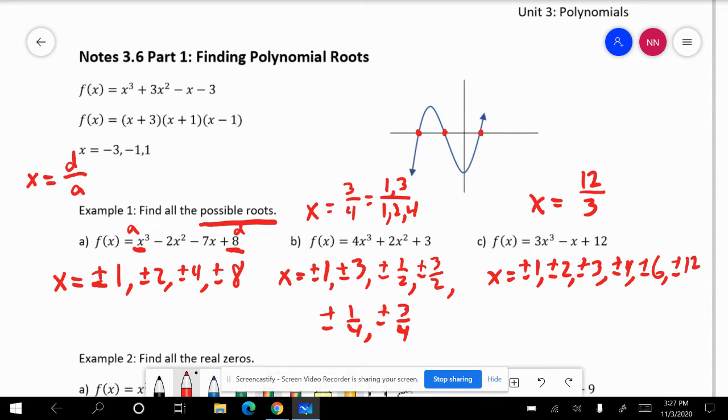Then we're going to divide all of them by 3. So plus or minus 1/3, plus or minus 2/3. Now, 3/3 is 1. We already have 1, so I'm not going to write it twice. Plus or minus 4/3. 6/3 is 2, which we have, and 12/3 is 4, which we already have. So those would be all of our possible roots.